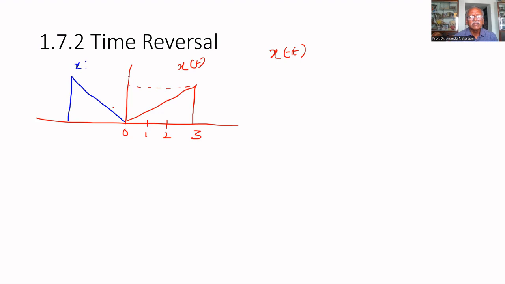That is called x of minus t. So the mirror image of the signal about the y-axis is called time reversal.